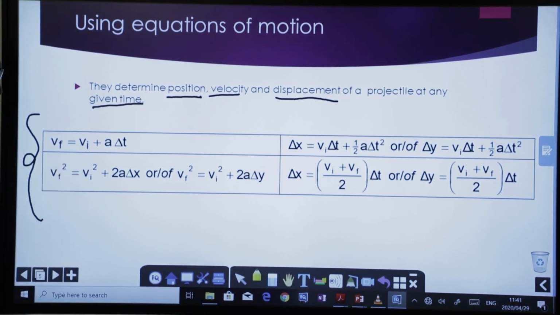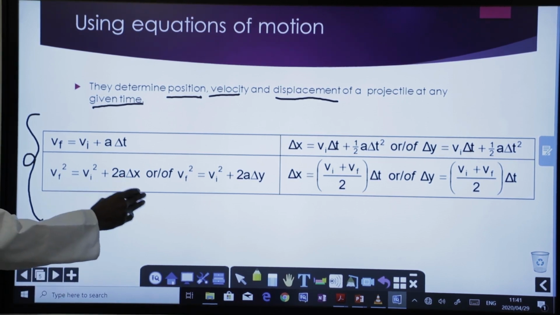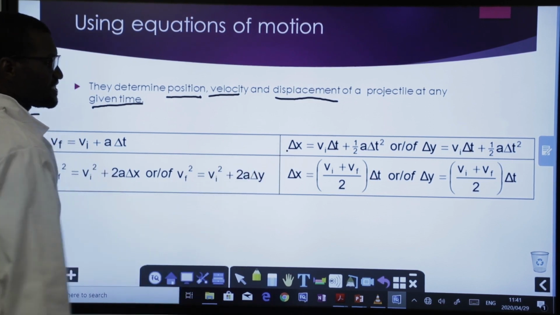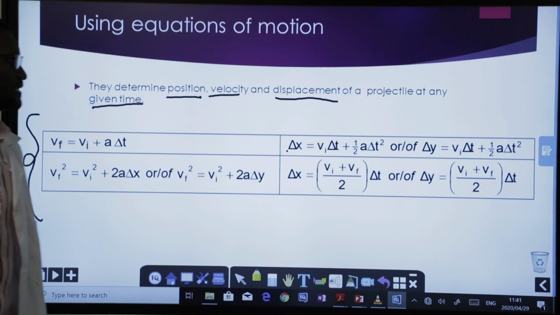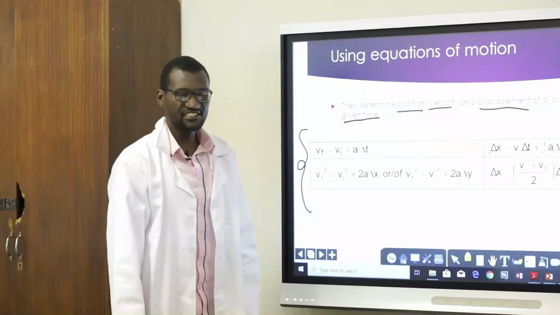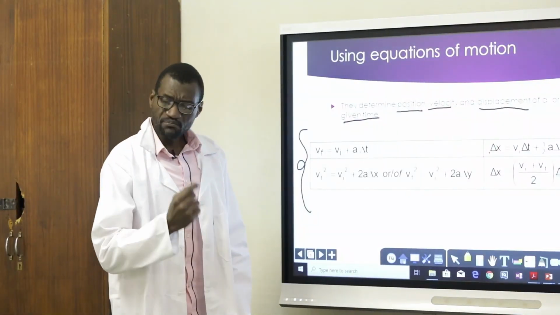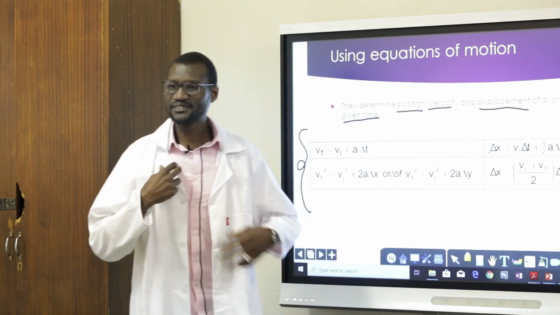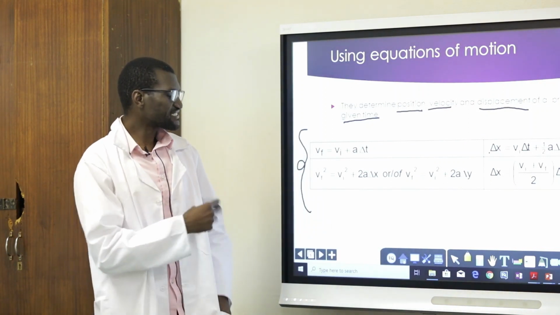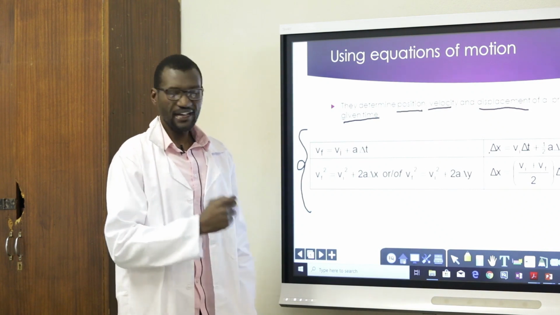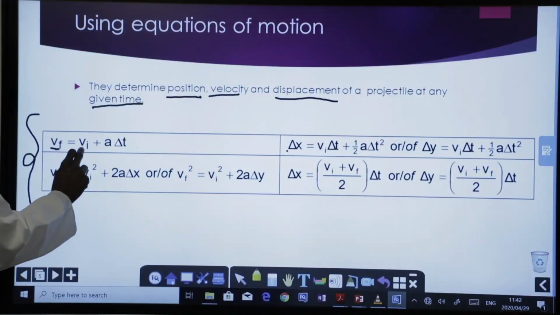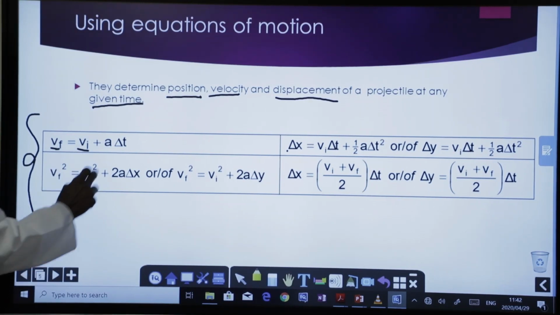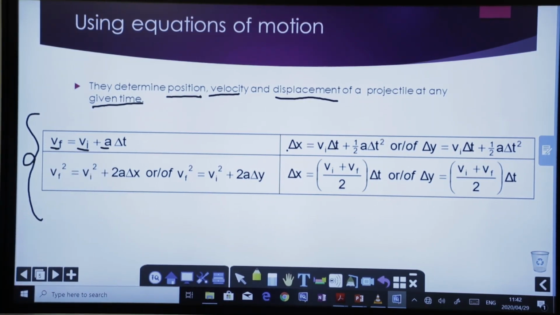Vf is equal to Vi plus a times change in t, and delta x or delta y is equal to Vi times change in t plus half a times change in t squared. What's important for you to remember is that some of these values are vectors, like V initial and V final, as well as acceleration.